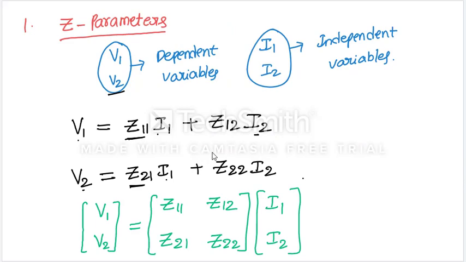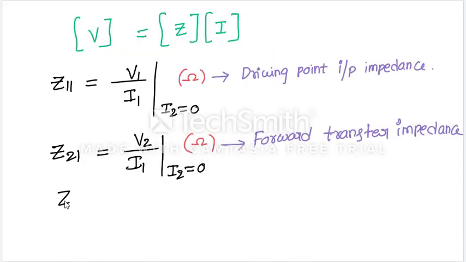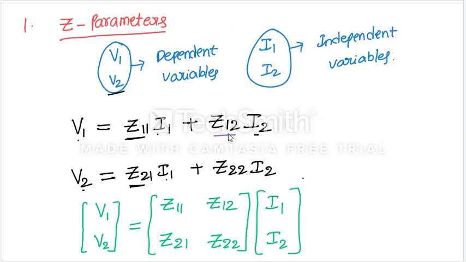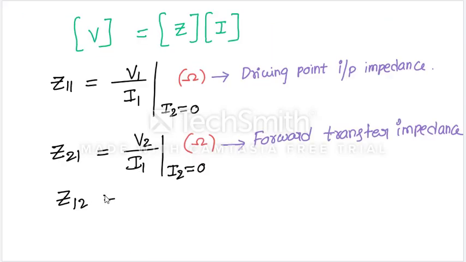Next, z12. z12 is v1 by i2 when i1 equals 0. What are the units here? Ohms.